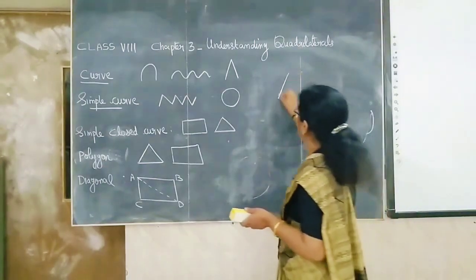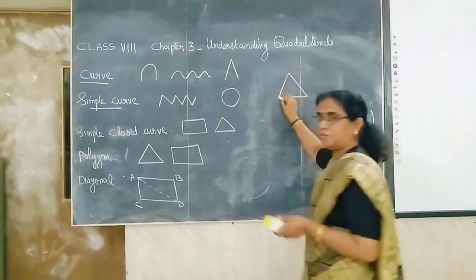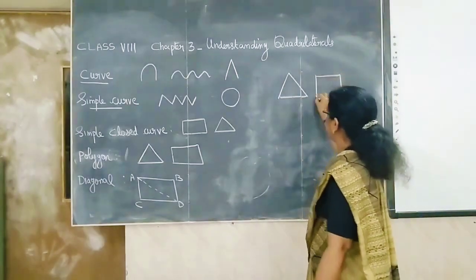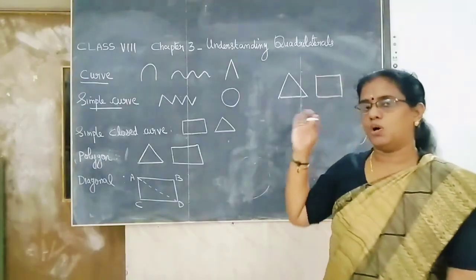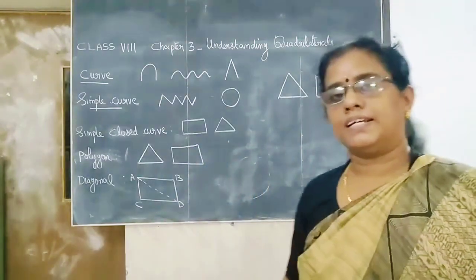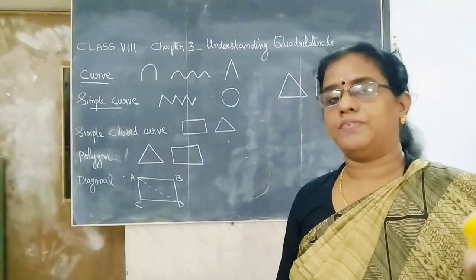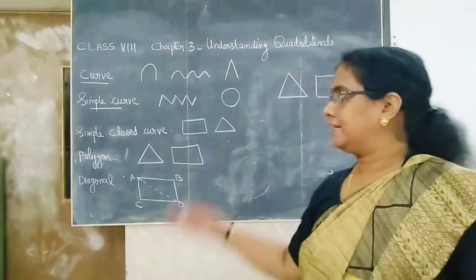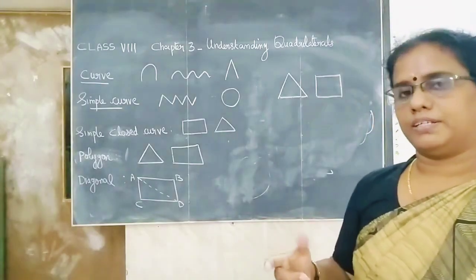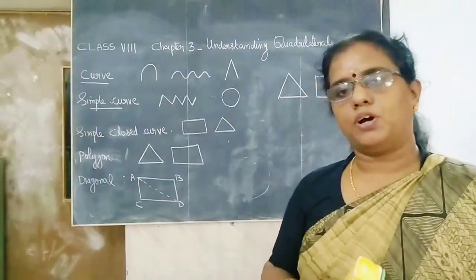This is called a triangle. The name of this polygon is triangle, a four-sided polygon is a quadrilateral, five-sided polygon, pentagon, six-sided polygon, hexagon, seven-sided, heptagon. Like that, different names are for different types of polygons, according to the number of sides.